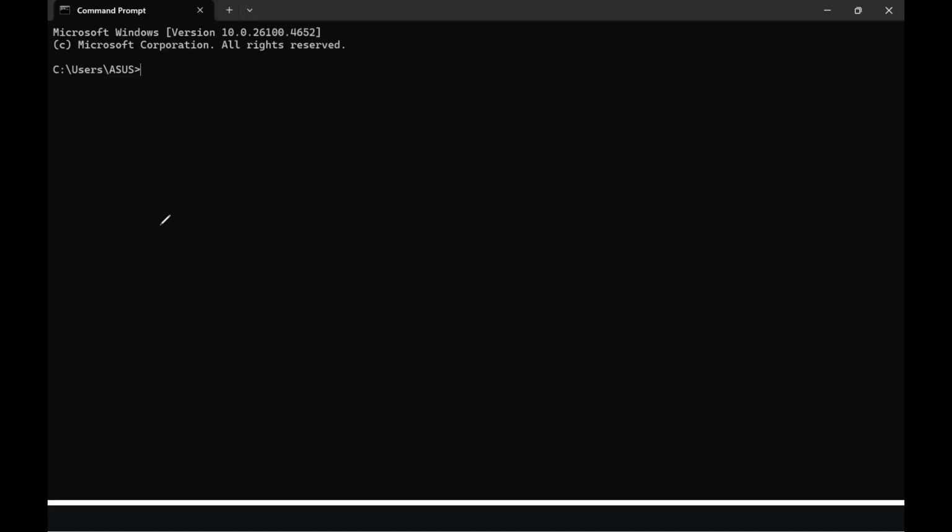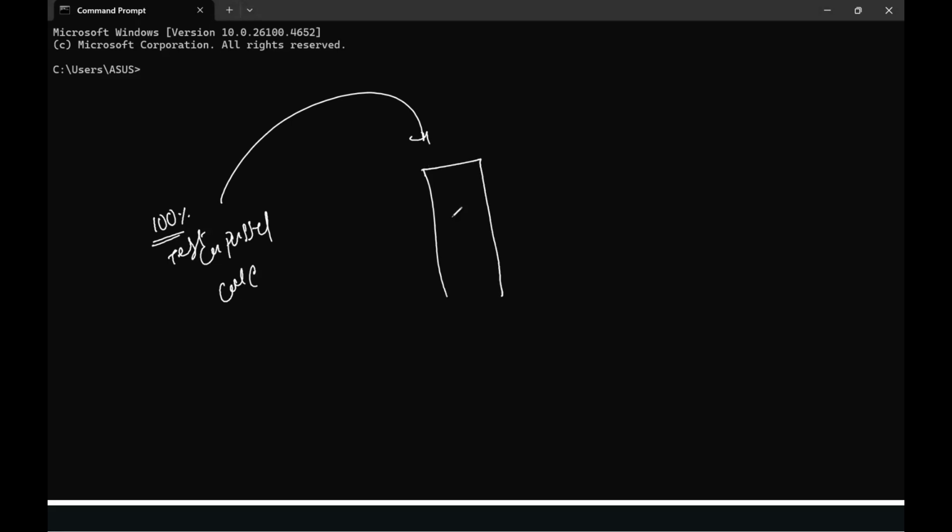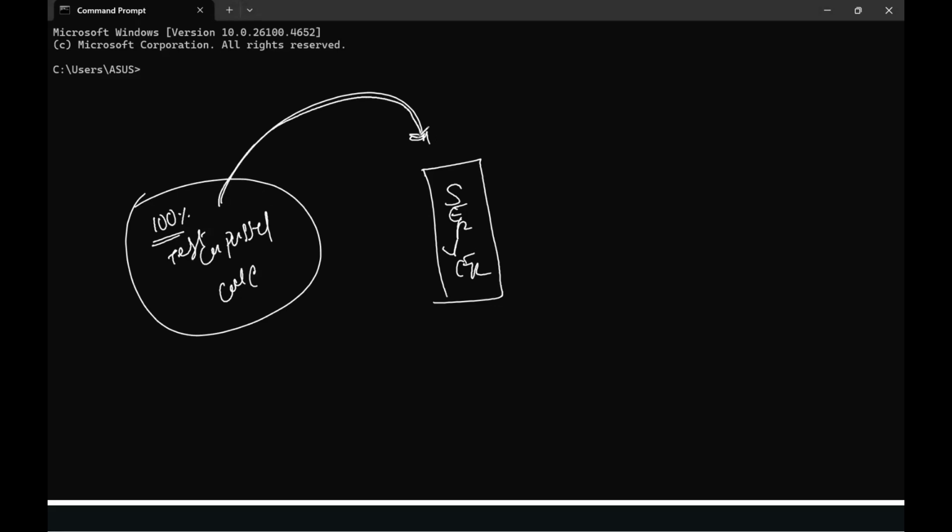deploy is nothing but taking the code that passed 100% of the test cases and placing it over the server. Let's say this is my server. Placing the code that passed 100% test cases over the server is nothing but the deployment.